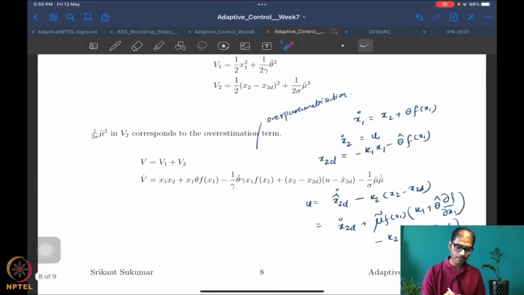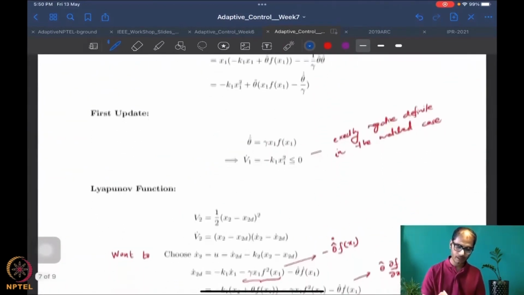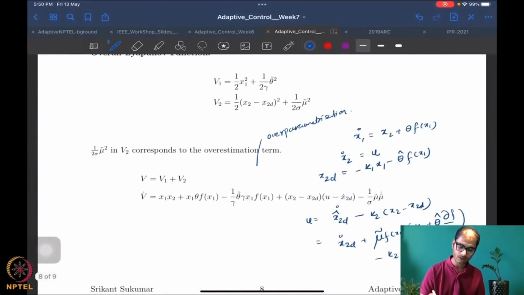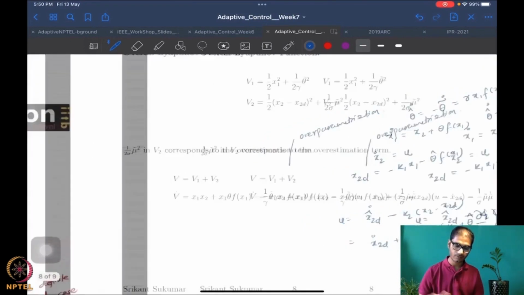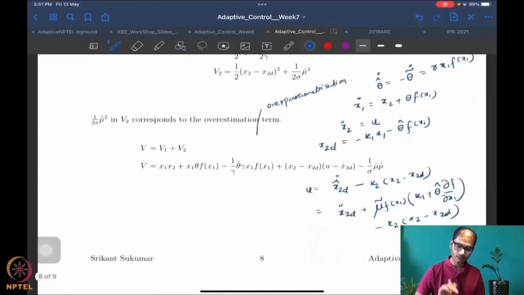So v1 dot has x1 x1 dot, which is x1 x2, and this term, which I forgot to write, which is the theta hat dot, which is gamma x1 f(x1). So theta hat dot equals minus theta tilde dot equals gamma x1 f(x1), right? So gamma x1 f(x1). All right, great.